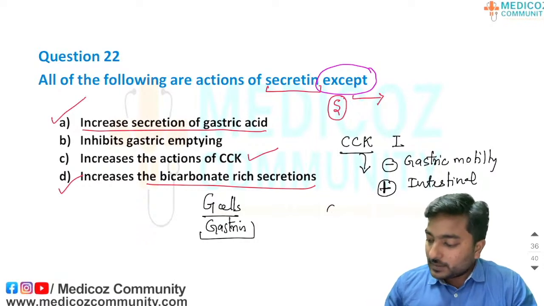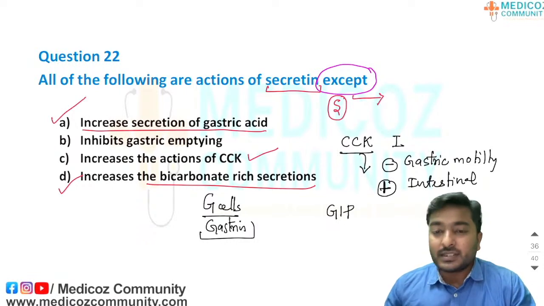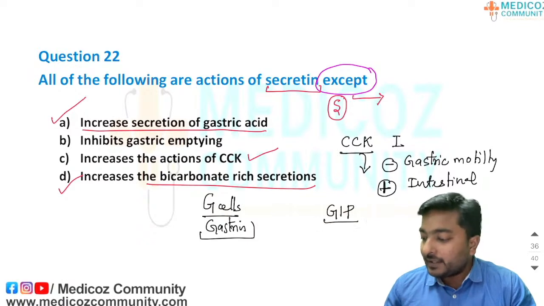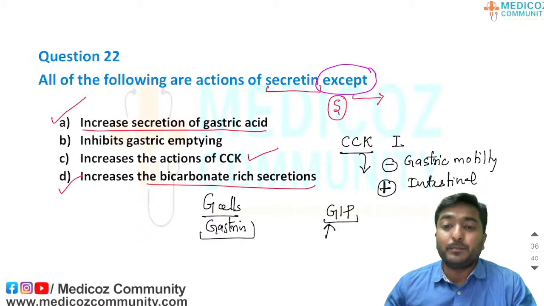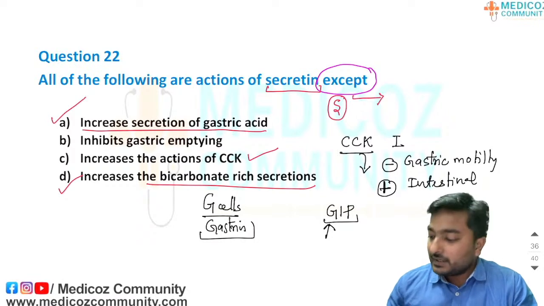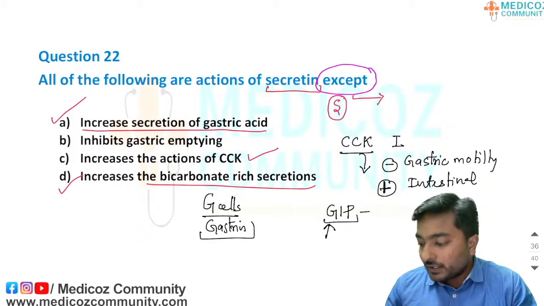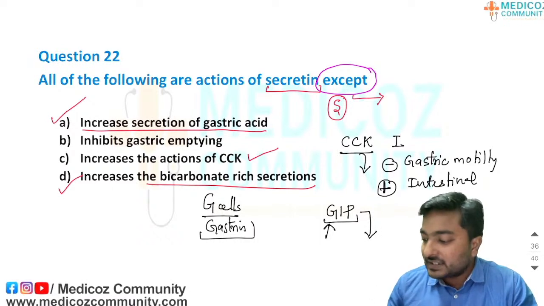Another important hormone is glucose dependent insulinotropic peptide. A few points: it is the only hormone which can be stimulated by all three types of food, carbohydrates, fats and proteins, and its only role is to sense these food materials and to release insulin.